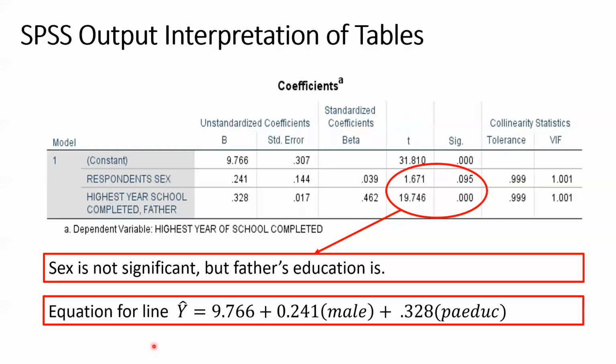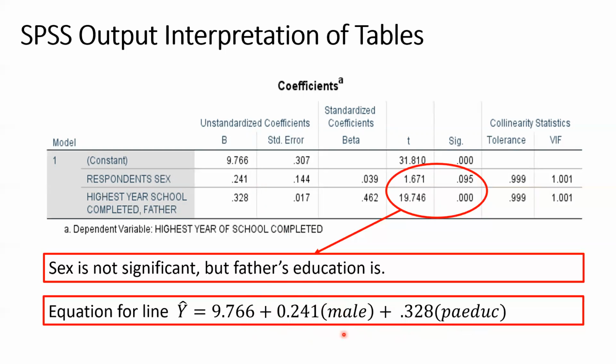Our equation for this line, and again, I think it's a good idea to practice writing out the equation because it gets you in the habit of pulling those numbers from the table and knowing where they go. So we have the predicted value of Y, which is highest year of school completed, our dependent variable, equals 9.766, which is our constant, plus 2.241 for males, or X sub male for that particular variable, plus 0.328 for father's education.